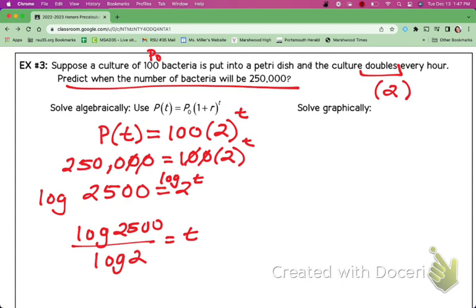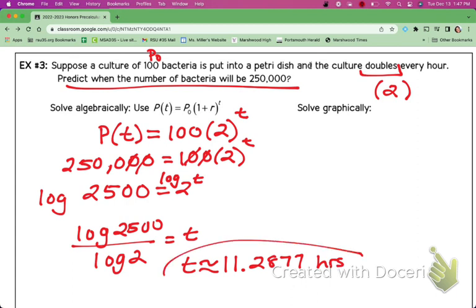Log of 2500. What's the last decimal? I only have 3 decimals here. 2877. So 11.2877. What's T in hours? So after a little over 11 hours, we would have our bacteria up to 250,000.